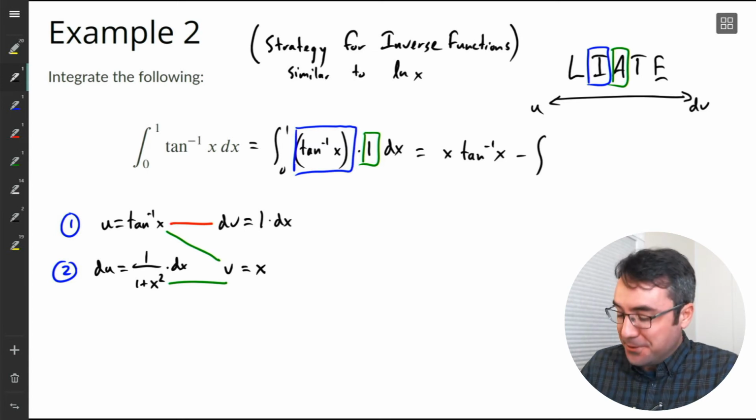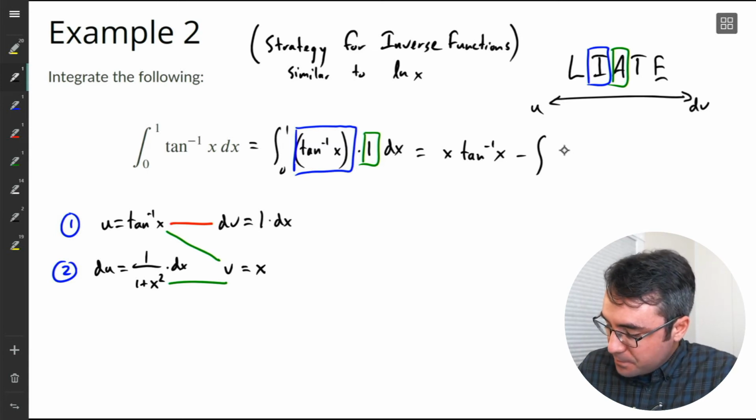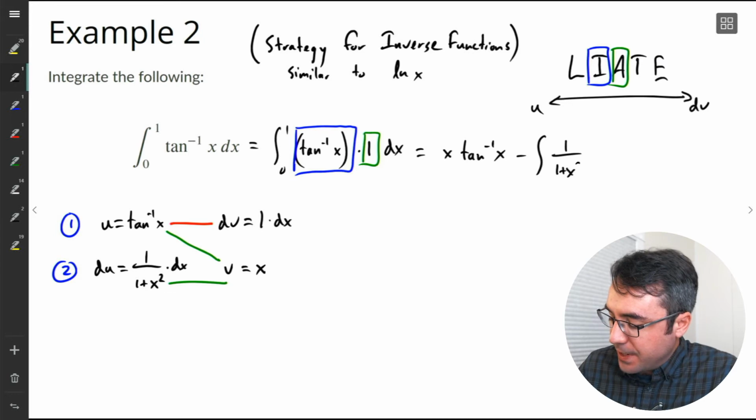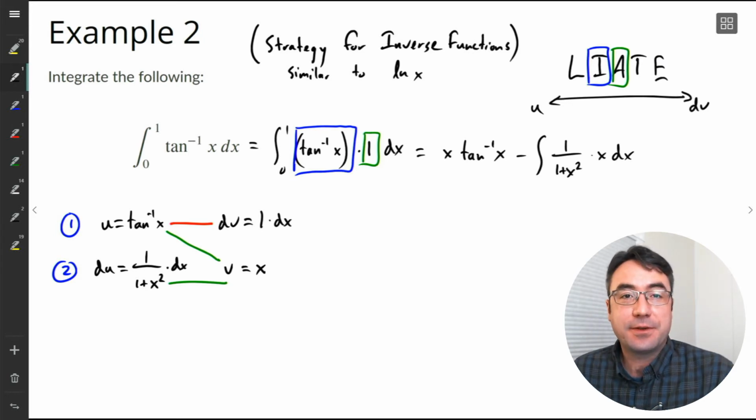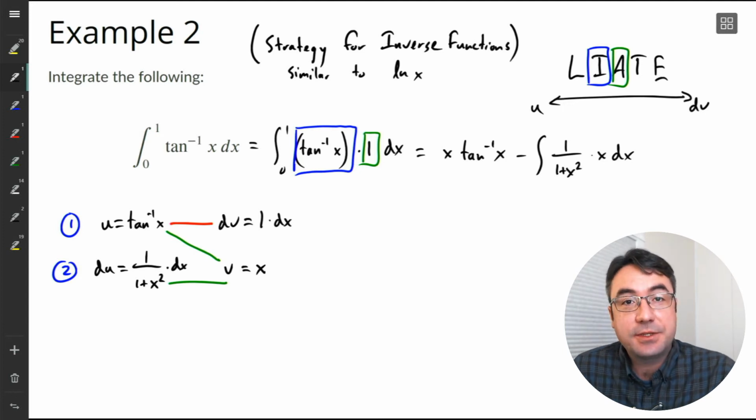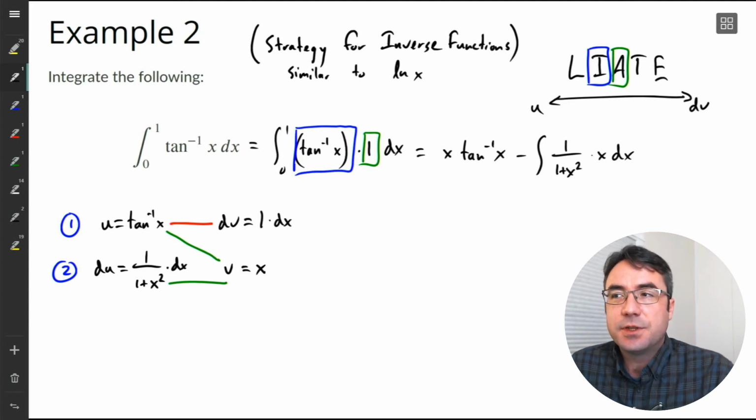So v times du gives us 1 over 1 plus x squared times x dx. So if we multiply those together. Now, that integral looks a bit complicated. There's a fraction, there's some complicated terms in the denominator, so it looks like that might require some more work. So for this one, I think it might be helpful to split up the evaluation.